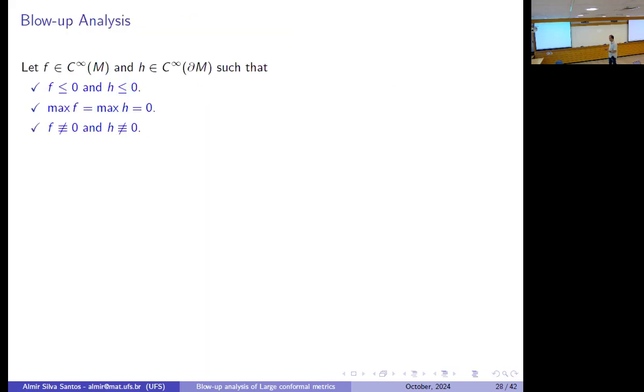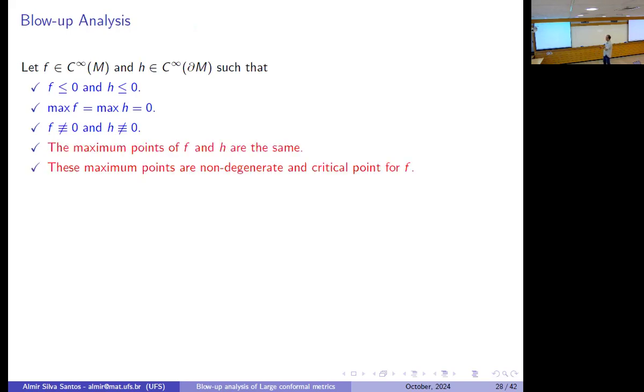So for technical reasons, remember that we have these three conditions, and for technical reasons we consider two more conditions here. The first one is that the maximum points of f and h are the same. Then the maximum is on the boundary of the manifold.